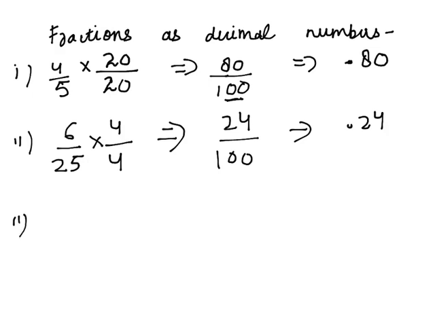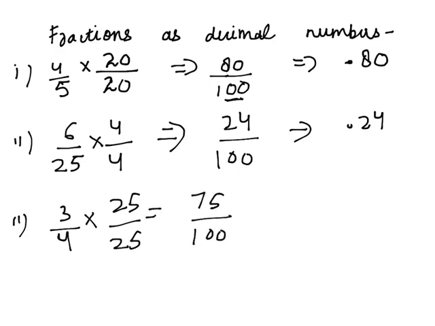Next, suppose we have 3 by 4. We have to multiply it by 25 to make it 100. So with 25 and 25 we will get 75 by 100. So it will give us 0.75.